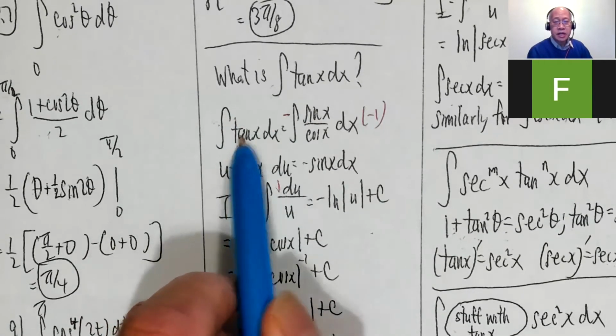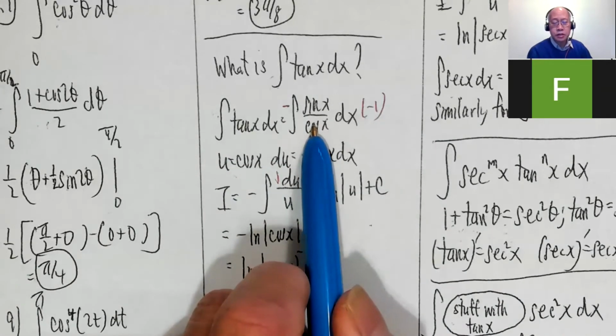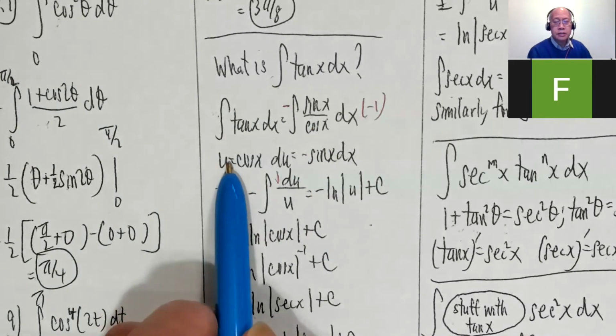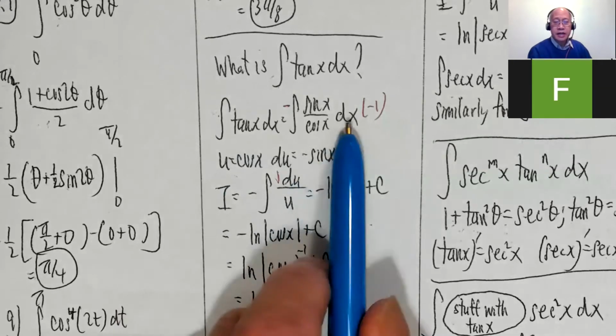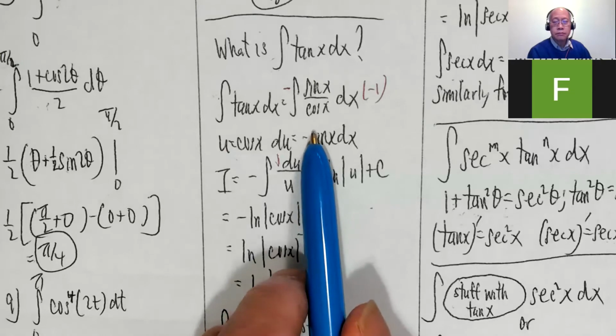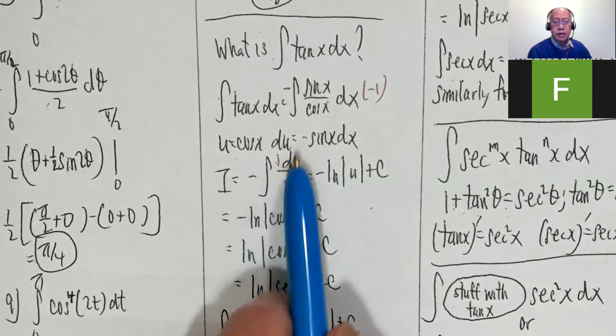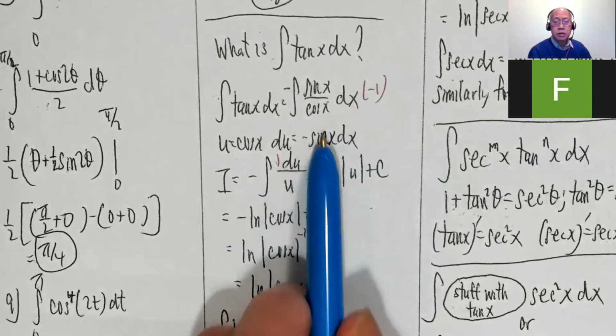So you can make tangent into sine over cosine and then do a u substitution. So let u equal cosine x. Du is negative sine x dx. That means I need a -1 inside and also outside. So I have -1 times -1 sine x dx is my du.